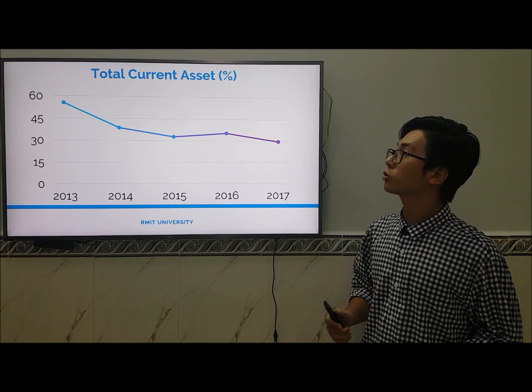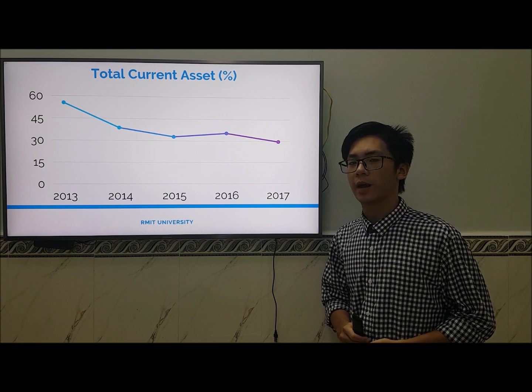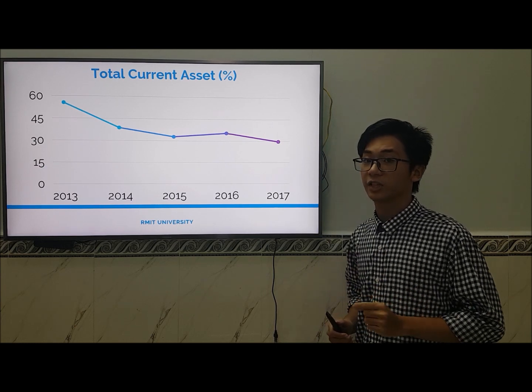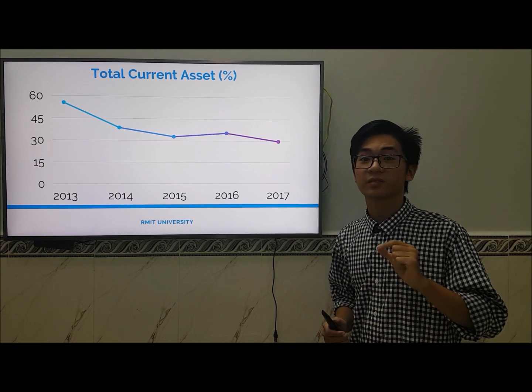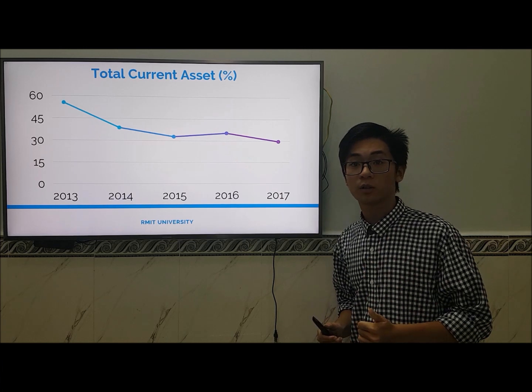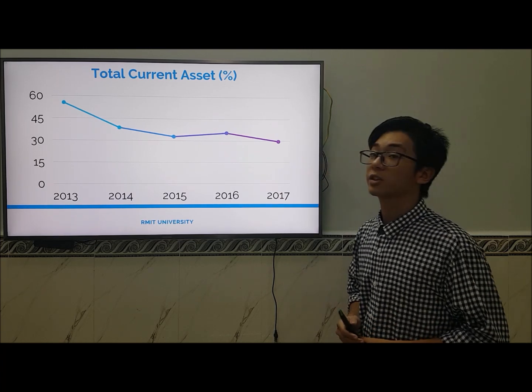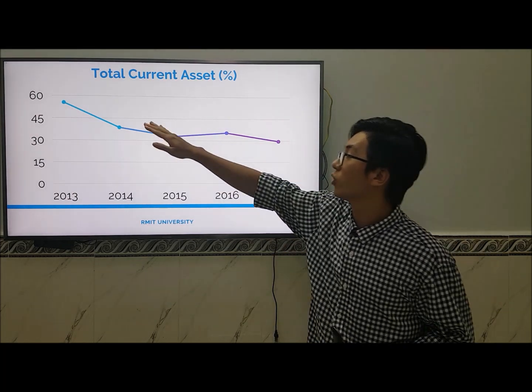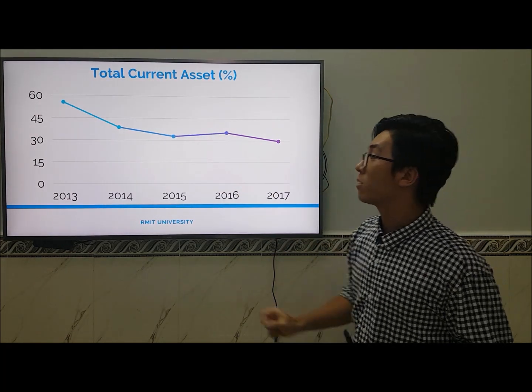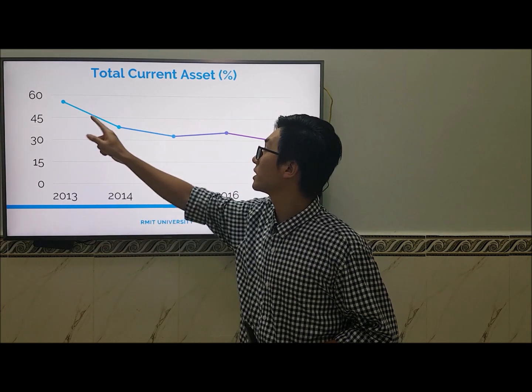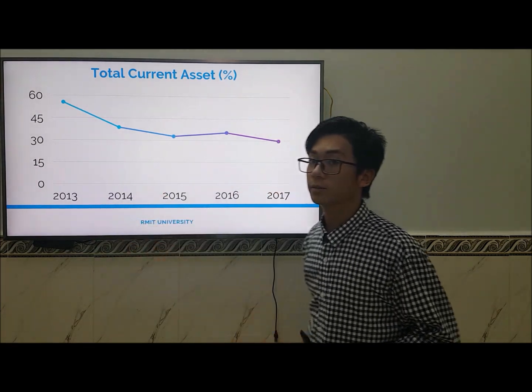Moving on to total current assets. Now, total current assets is chosen because it is the sum of account receivables, inventories, and supplies. As you can see here, the trend is moving downwards, with just below 60% in 2013.